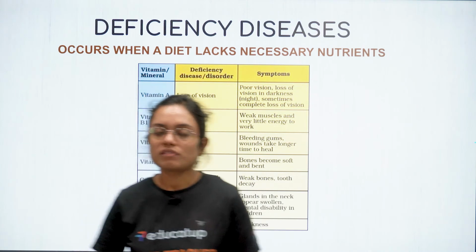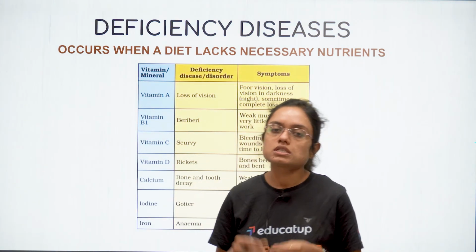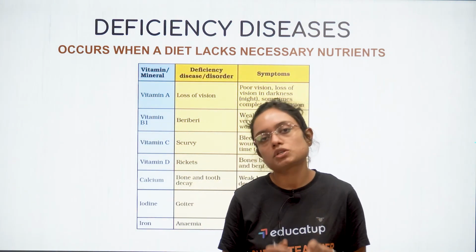Deficiency diseases. Now deficiency diseases are basically those diseases which occur when a diet lacks a particular nutrient.